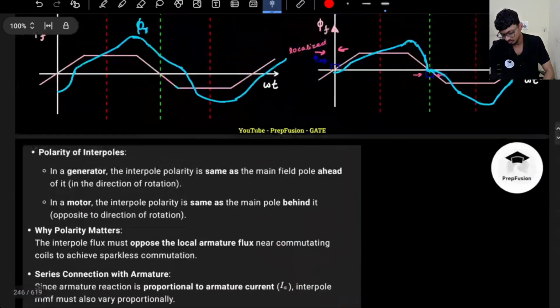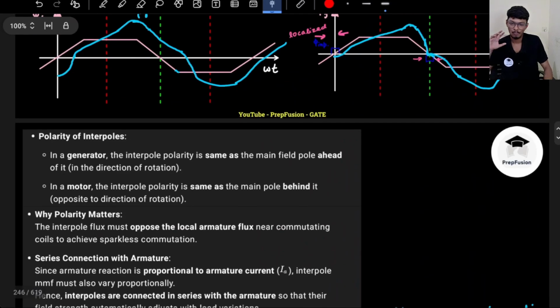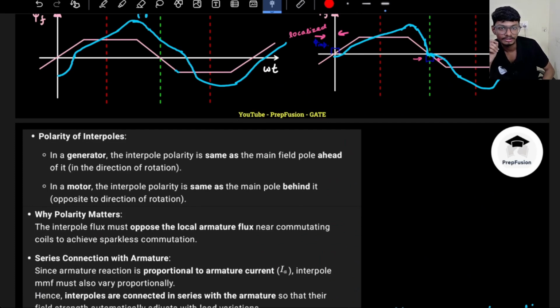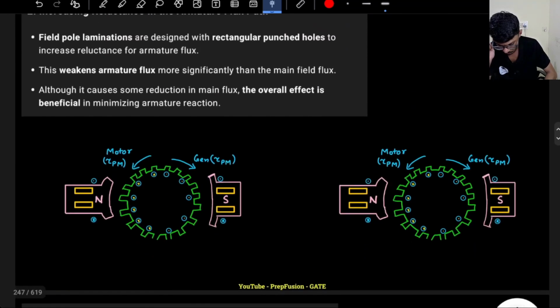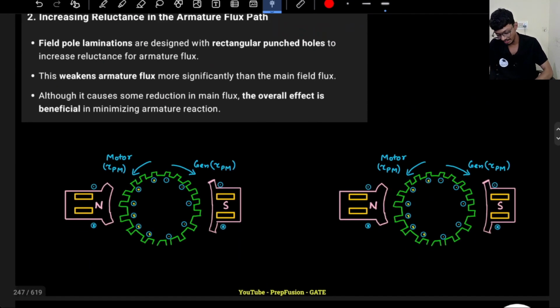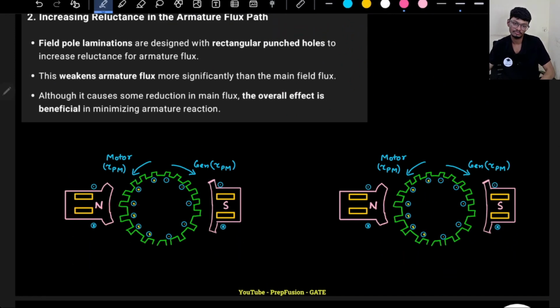Okay, so this was one of the ways in which we can reduce armature reaction. What is the other way? We know that current carrying conductors in a field will generate flux. For a generator, I'm drawing the direction of flux.